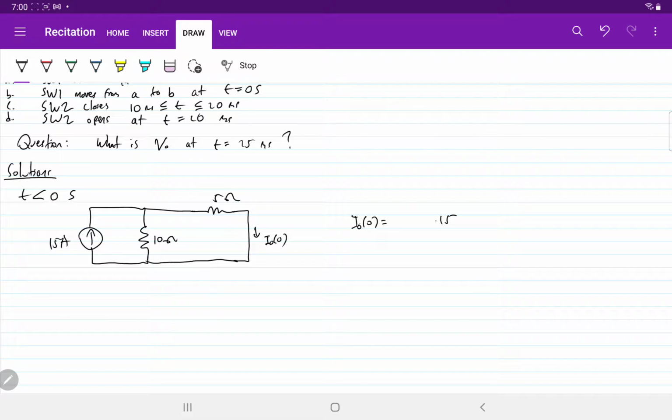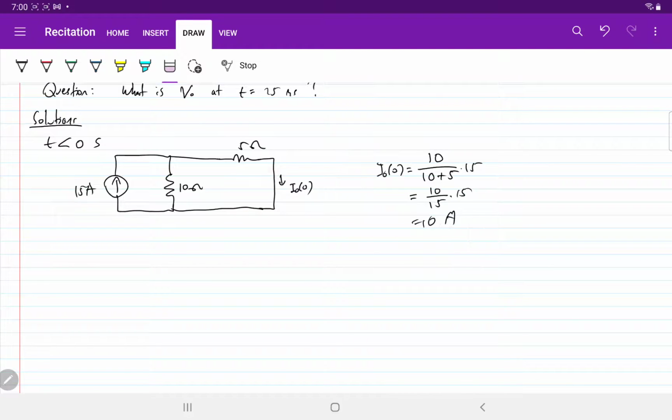So it makes sense, right? So the ratio should be 10 over the total. You have 10 over 15 times 15, which is 10 amps. Okay, so let me put it in the box.